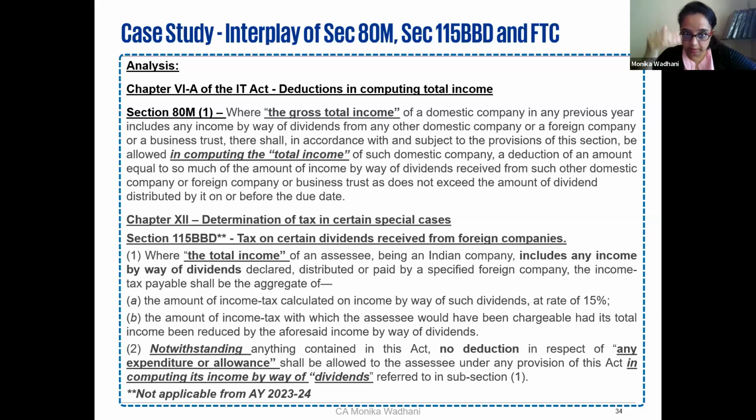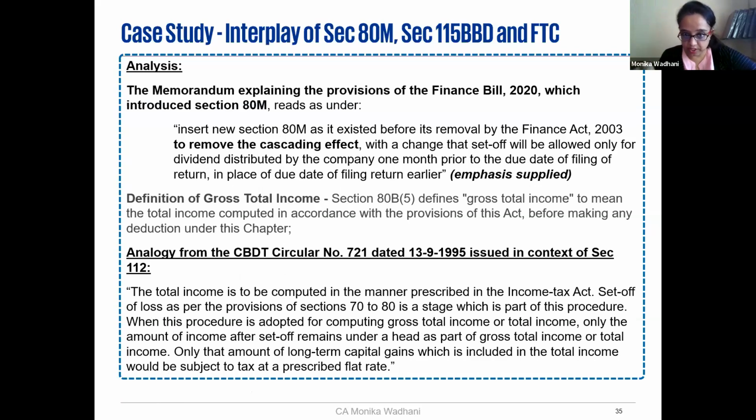So the scheme of taxation in India is that there is a gross total income wherein various heads of income are being taken, totalled, and then you come to gross total income. Gross total income is also defined under provisions of section 80B(5), which says that gross total income means the total income computed in accordance with the provisions of this Act before making any deduction under this chapter.